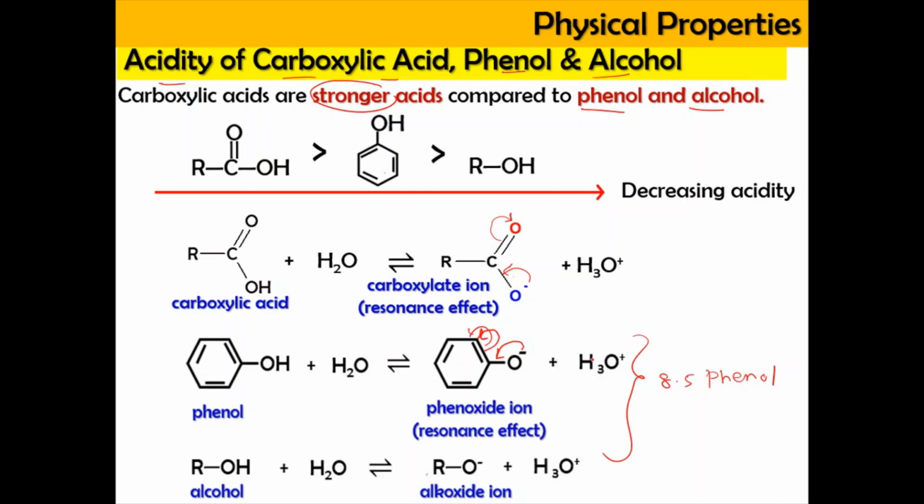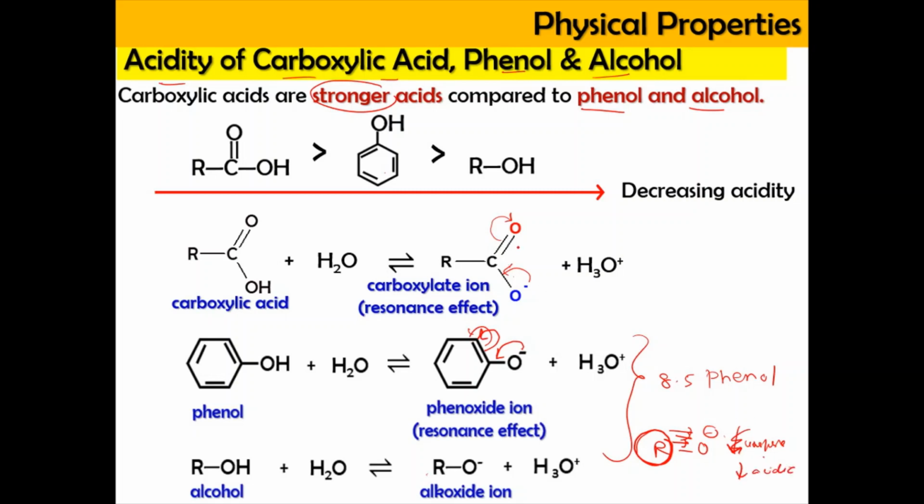So you can make a lot of resonance structures. And the alkoxide ion is very unstable because this acts as an electron donating group. It keeps pushing electron density towards the oxygen, making it more negative and more negative, very unstable. Unstable, and hence least acidic.